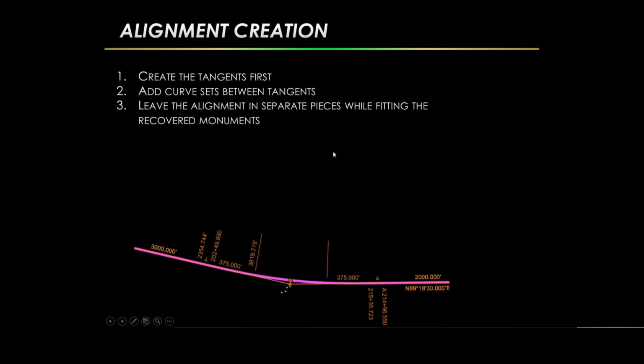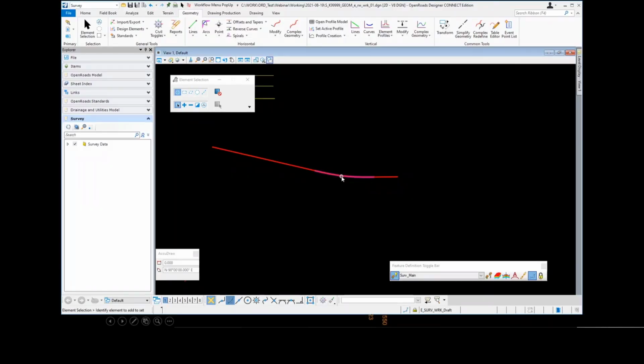For sake of time, I'm not going to get into fitting through the curve, but the tip here is leave the alignment in separate pieces like this while you are fitting your recovered monuments.